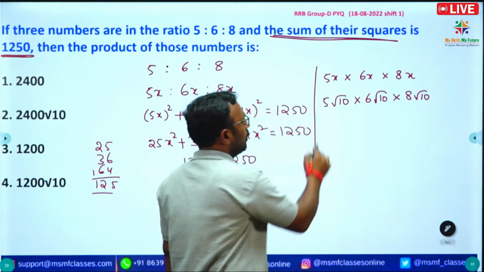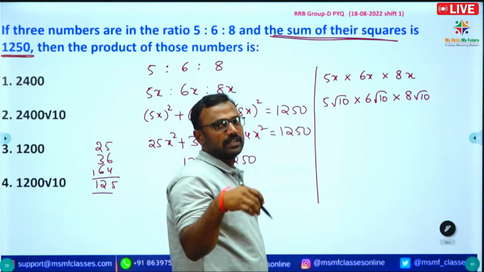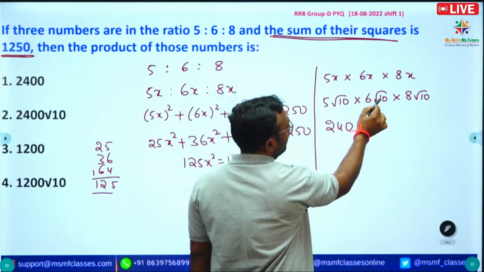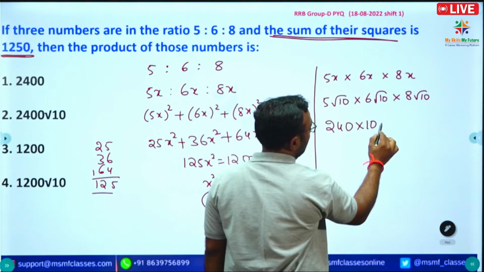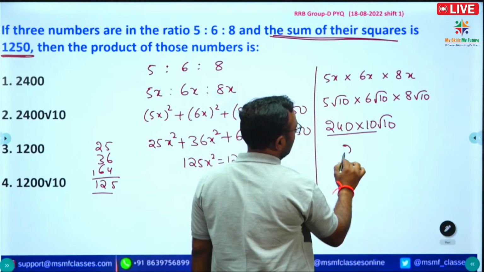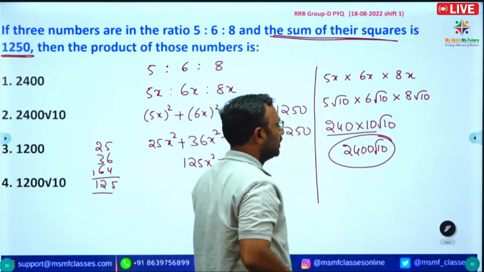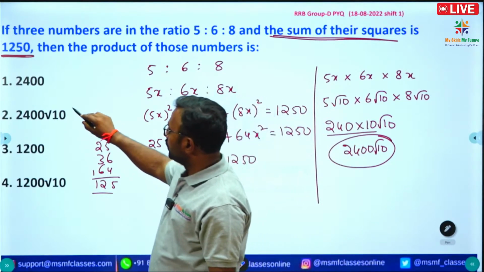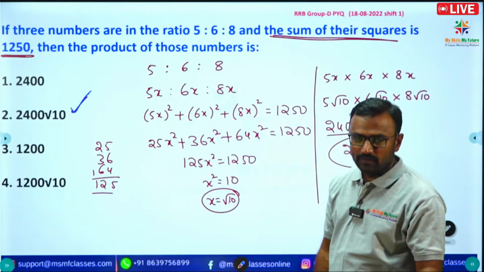Okay, so 5 sixes are 30, 30 eights are 240. Root 10 times root 10 we can directly write as 10. So 240 into 10, 2400 root 10. Okay, so 2400 root 10. So option 2 itself is correct. Okay, right. So shall we move to the next question?